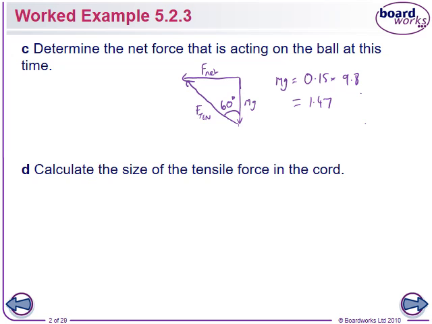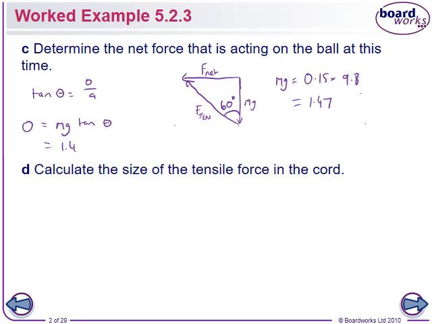What do we want? The net force. So we've got the adjacent, we want the opposite. So tan theta equals opposite on adjacent. So our opposite, which is our F net, is going to equal mg tan theta.